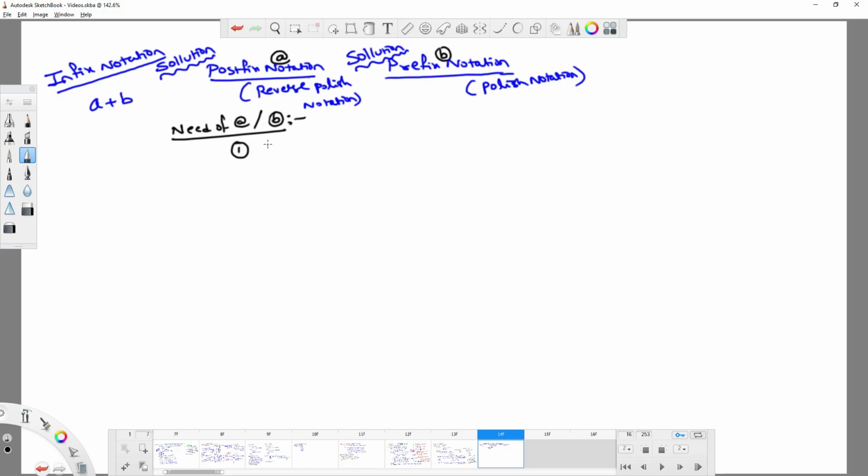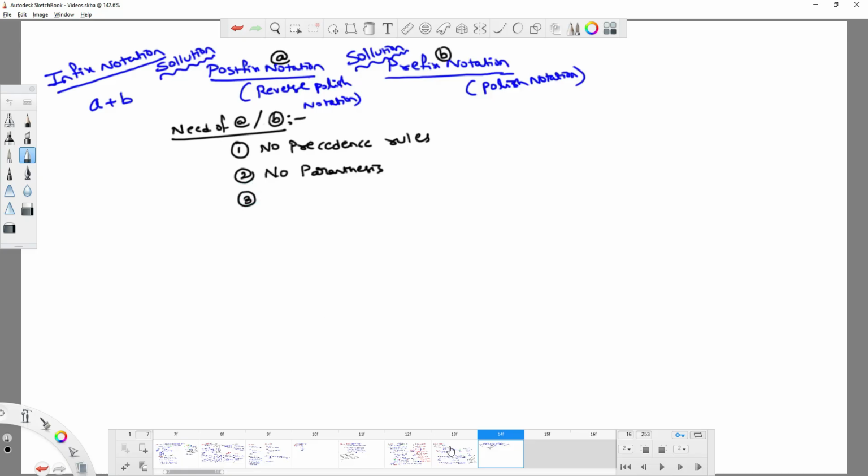One is we need not worry about precedence rules, which means we are not going to follow any kind of precedence rules. And in prefix notation or postfix notation, we are not going to have any kind of parentheses.